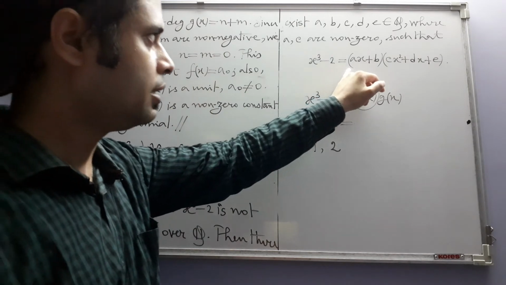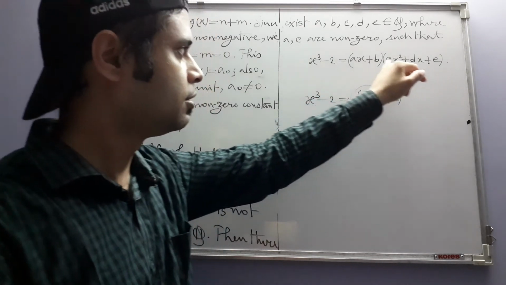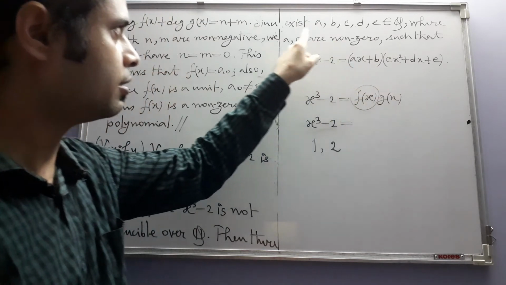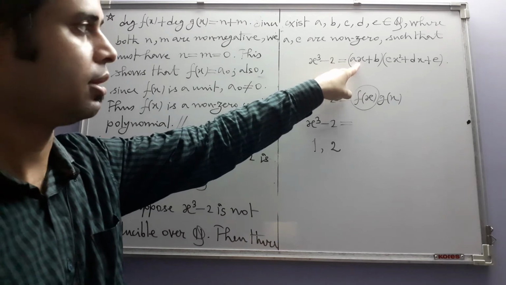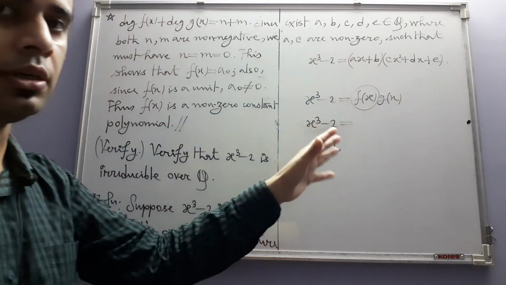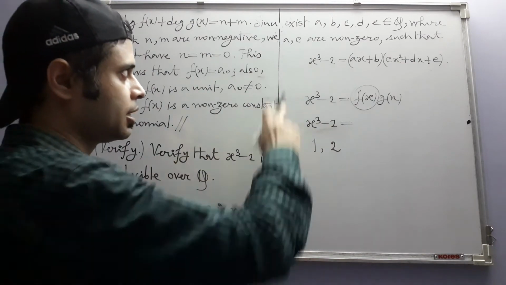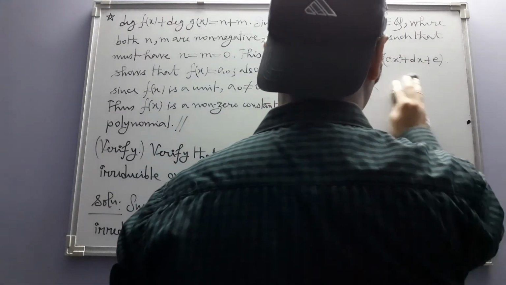Now saying that the polynomials are of this form is not enough. For this to be of degree 1, A has to be a non-zero rational number. Like that, for this to be of degree 2, C has to be a non-zero rational number. So that's why we have these things. Okay.